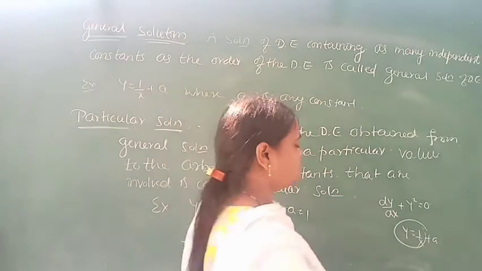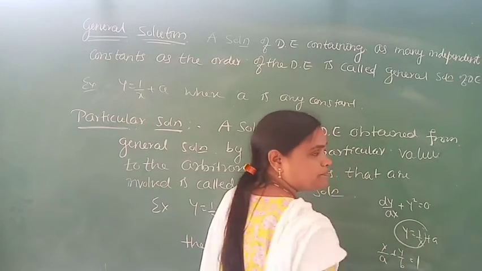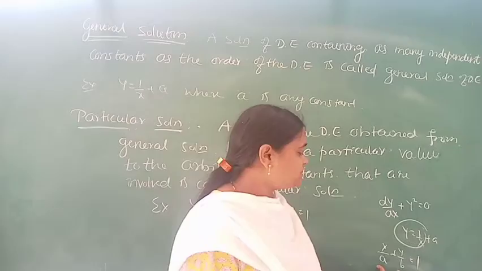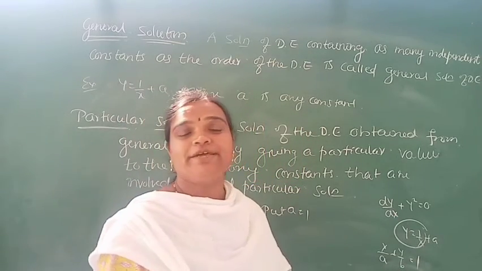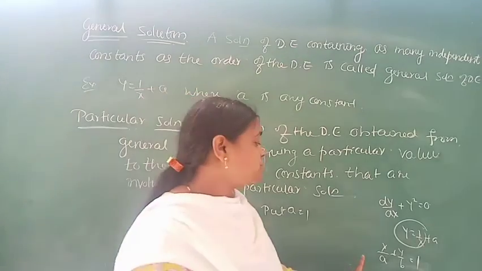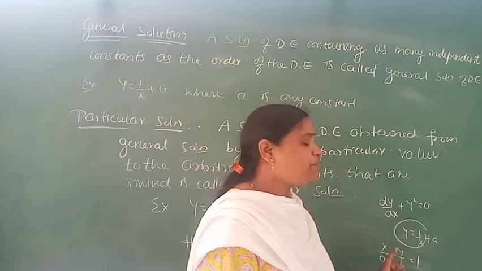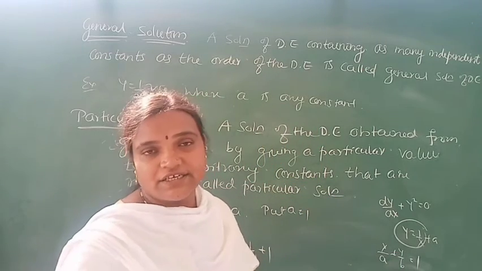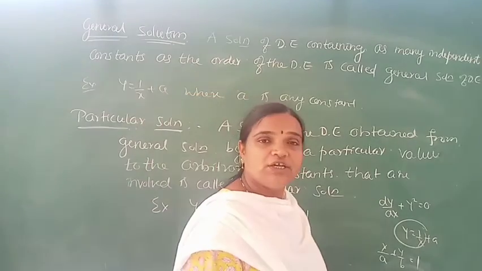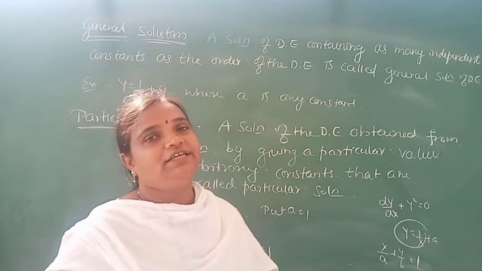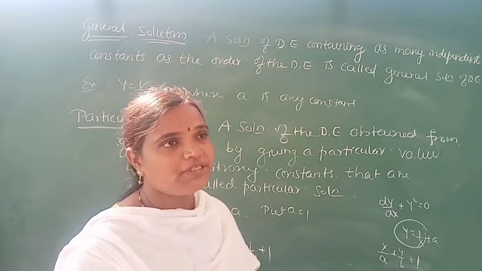Suppose it contains something like x by a plus y by b equal to 1, then how many constants exist here? Two constants. Therefore, how many times do we differentiate? Two times, to eliminate the arbitrary constants a and b, so that we get it in the form of a differential equation. Suppose it contains three constants, we do 3 times differentiation to eliminate those constants.